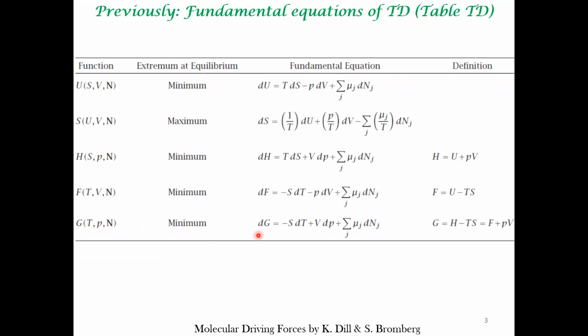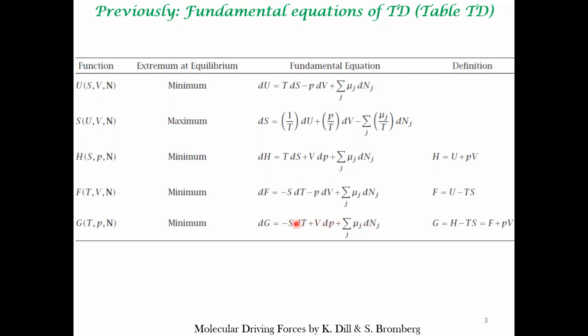Okay? So dG is expressed as an intensive variable, extensive variable, intensive variable, extensive variable, and this is the chemical potential of a component j, and this dn_j is a variation in chemical component j.